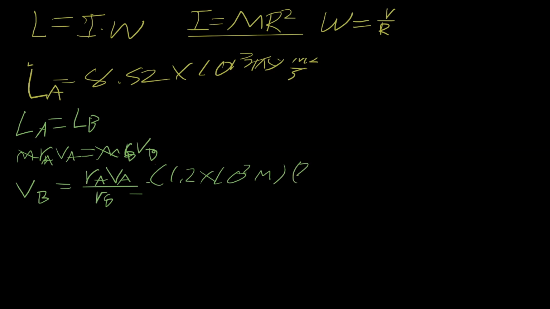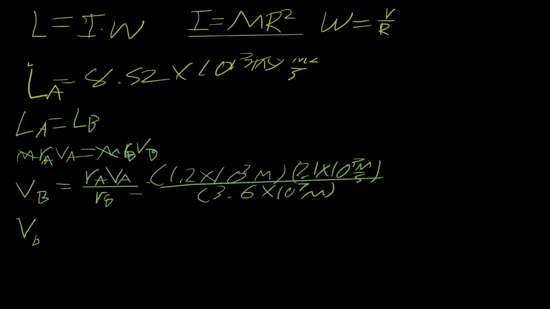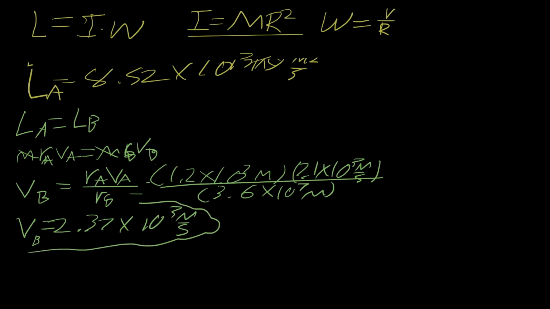And then our velocity, which is 7.1 times 10 to the 3rd power meters per second, all divided by 3.6 times 10 to the 7 meters. And this is going to give us a velocity at point B for the satellite equal to 2.37 times 10 to the 3rd power meters per second. So it looks like if you got this, that means our numbers are checking out.